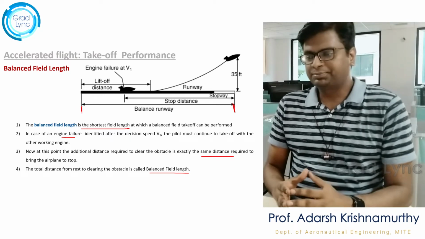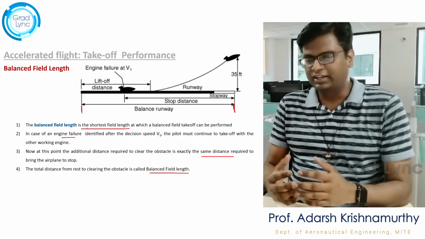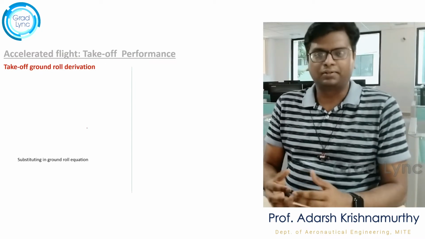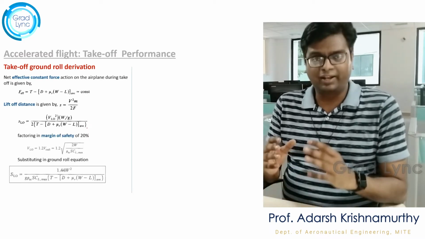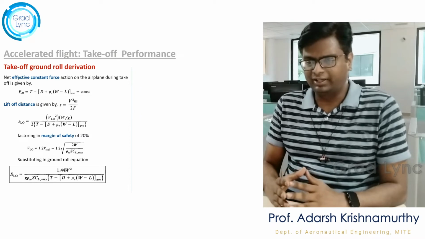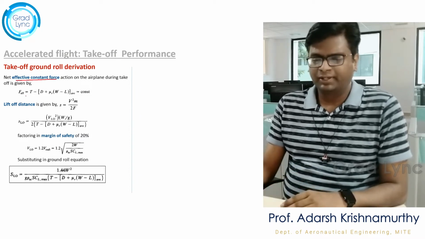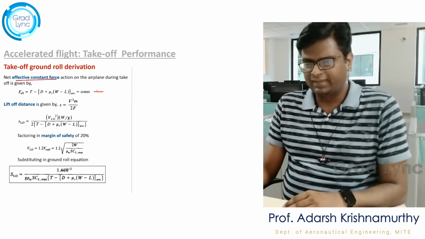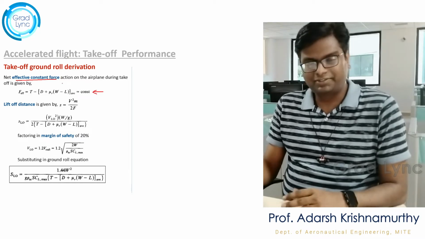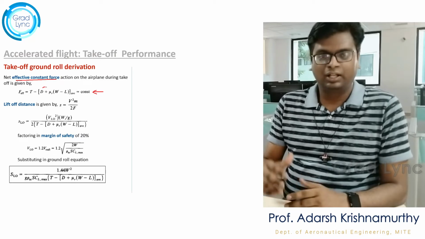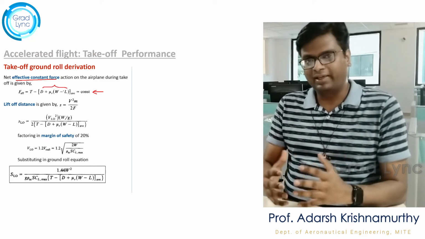So let's derive an expression for the liftoff distance or the ground roll. I can write the net effective force on an aircraft during the takeoff as F equals thrust minus the net drag force, which includes the drag and the frictional force. This net force, I assume it as constant.